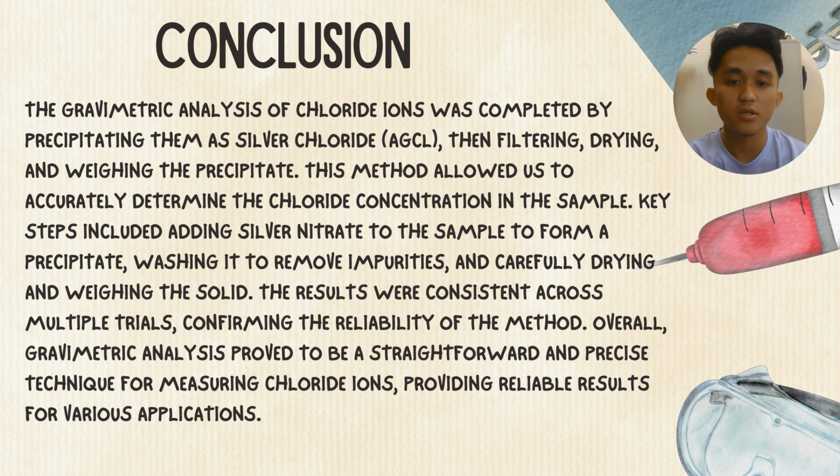The results were consistent across multiple trials, confirming the reliability of the method. Overall, gravimetric analysis proved to be a straightforward and precise technique for measuring chloride ions, providing reliable results for various applications.